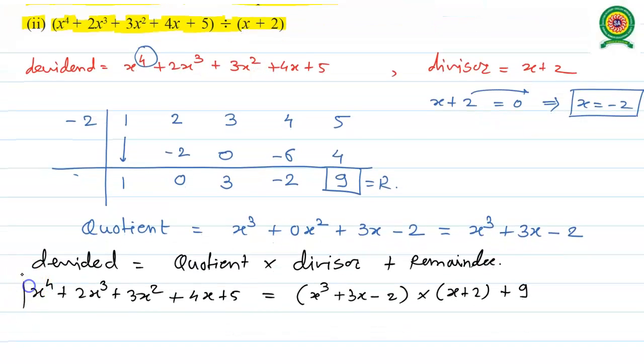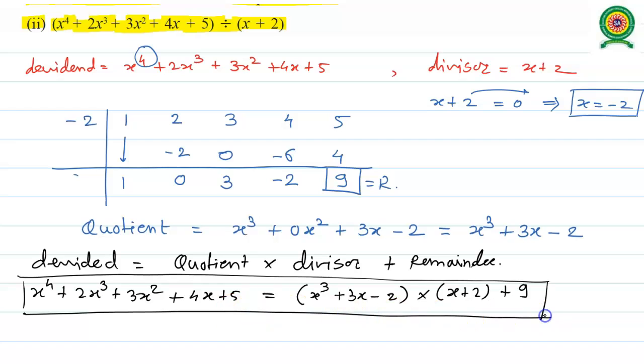So as per the synthetic division, the formulation is dividend equals quotient into divisor plus remainder. Once we simplify our RHS, we get the dividend.